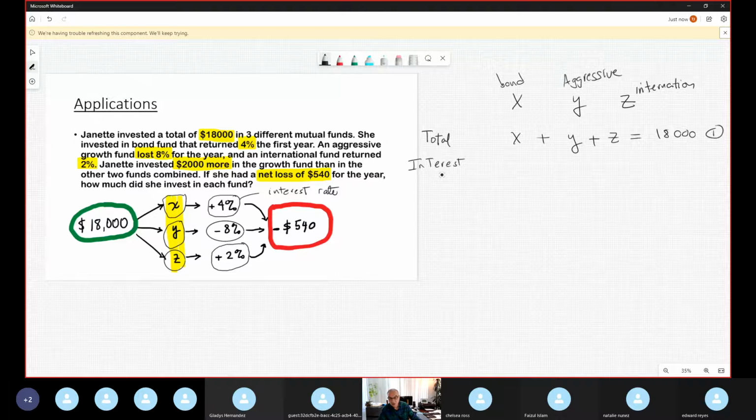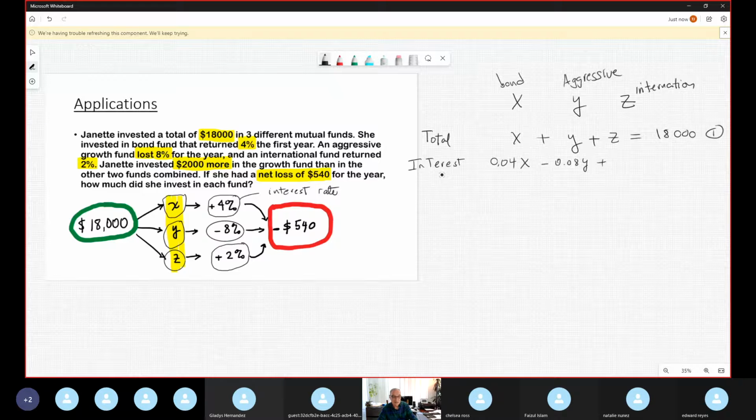You multiply 0.04, the percentage for the first account, by X. This gives me the information about the extra money I obtain in this account. And Y, unfortunately, is negative because the interest rate is negative.